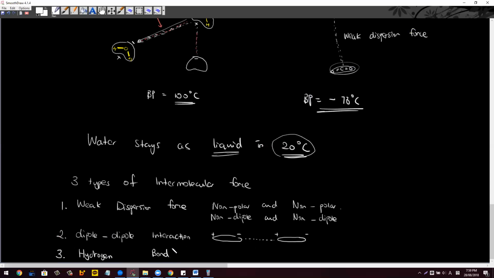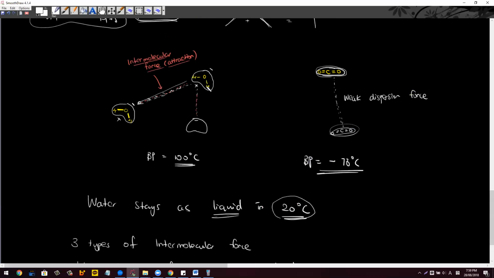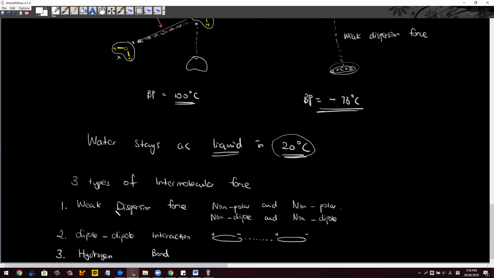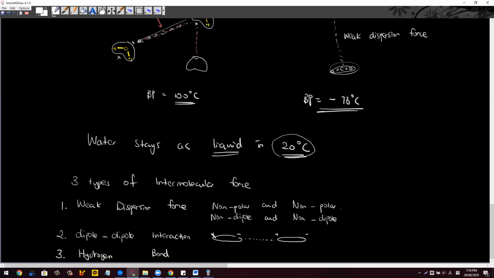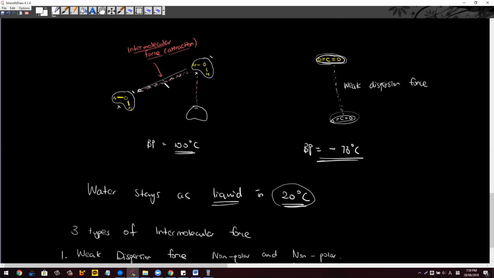By the way, you see this water here? That's a dipole. This is a dipole. So the interaction between these two is known as which one? Weak dispersion force or dipole-dipole? Dipole-dipole, that's right. However, it is actually known as hydrogen bond, this one here.